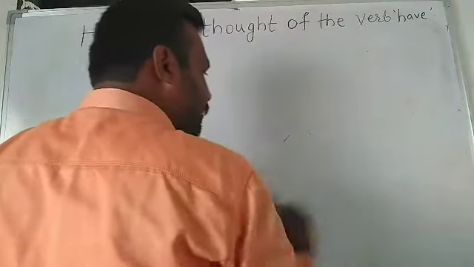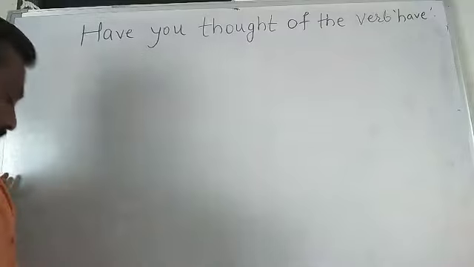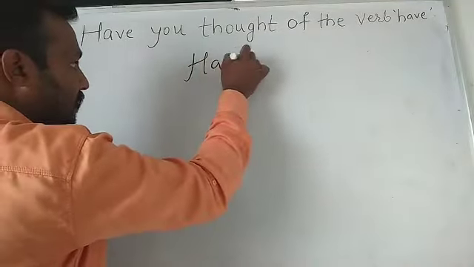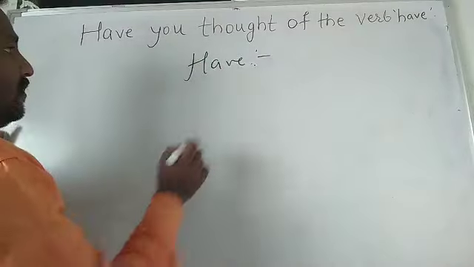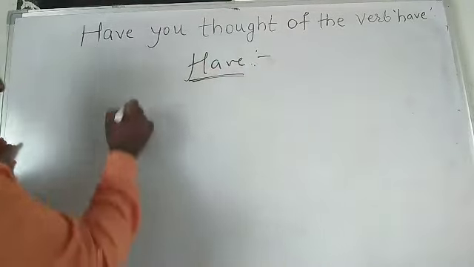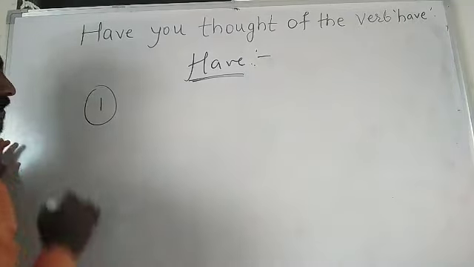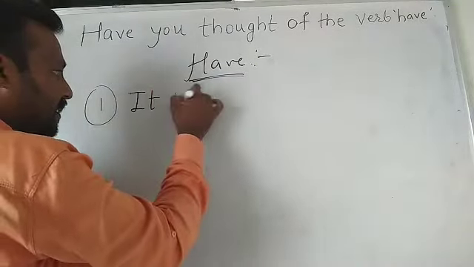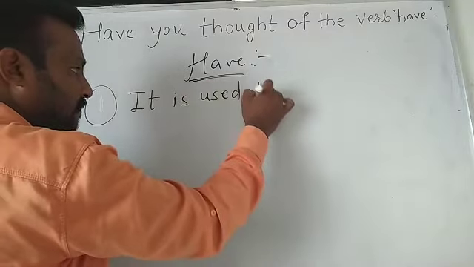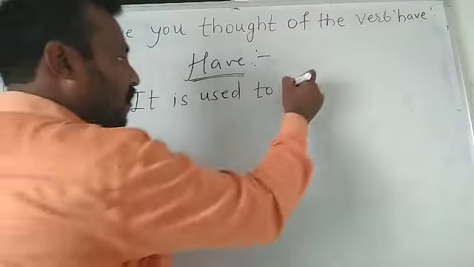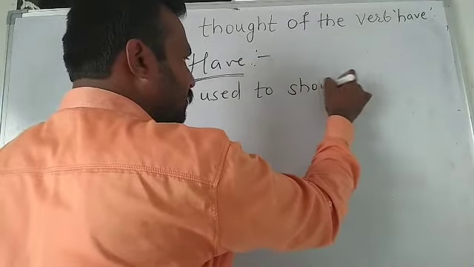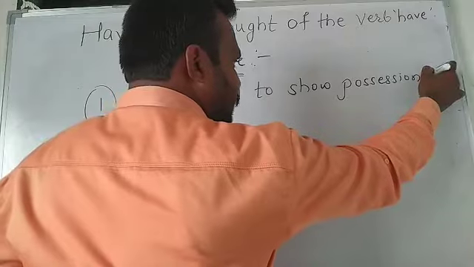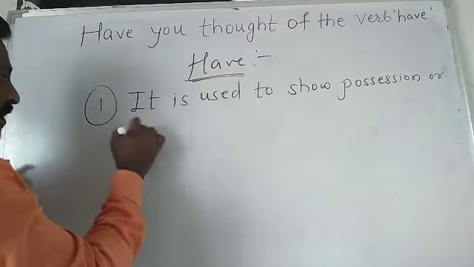There are different usages of have forms, meaning the verb have. We are going to discuss the first use. The first use is to show possession or ownership.